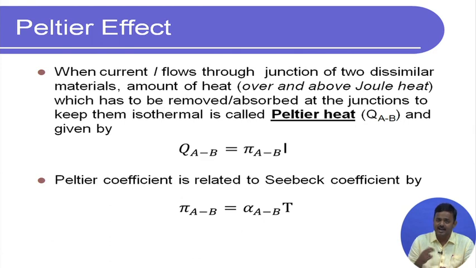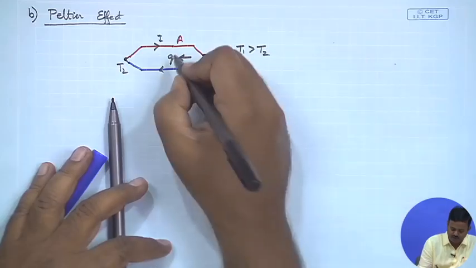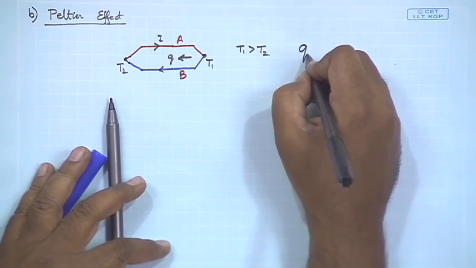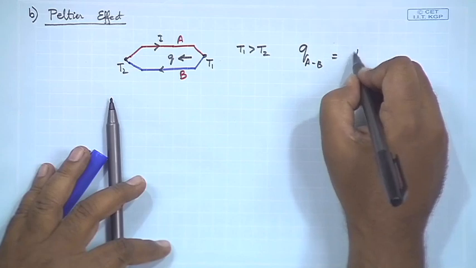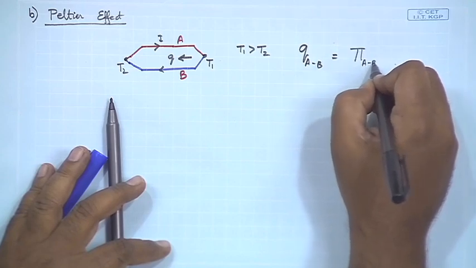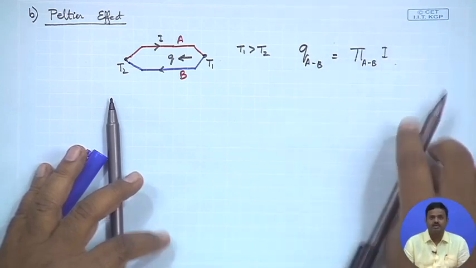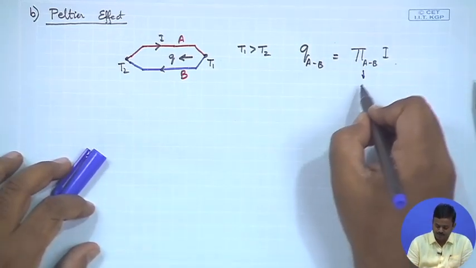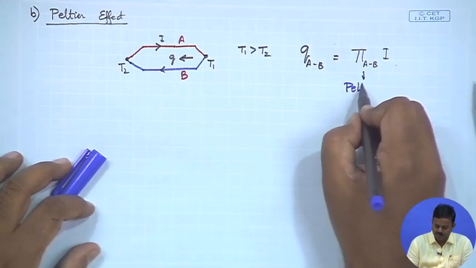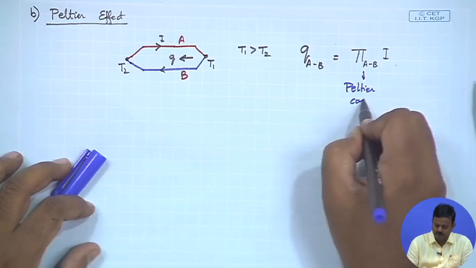This additional heat, over and above Joule heat, is known as Peltier heat and is given by this expression. I will denote it as Q of A to B is equal to pi AB times current, and here this pi AB is known as the Peltier coefficient.